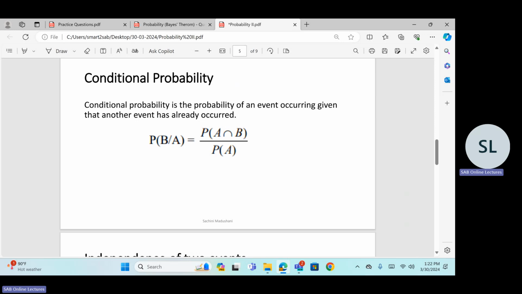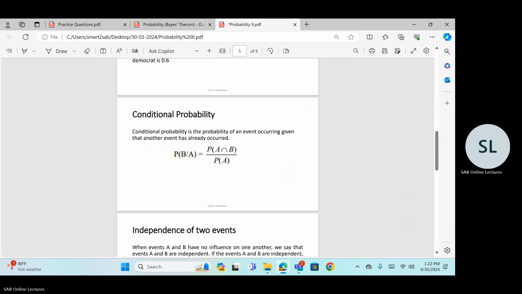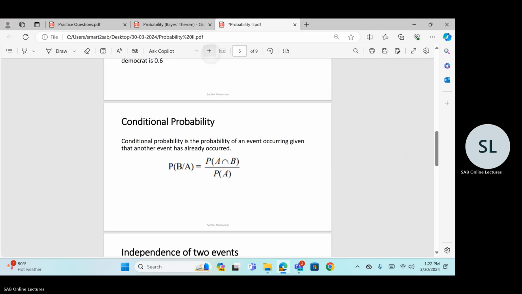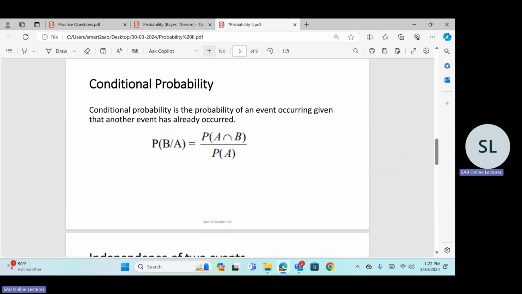Then this is the way we can write the conditional probability. Probability of B given A. Normally we say B given A. A is the first event in here, and B is the second event. Understood?